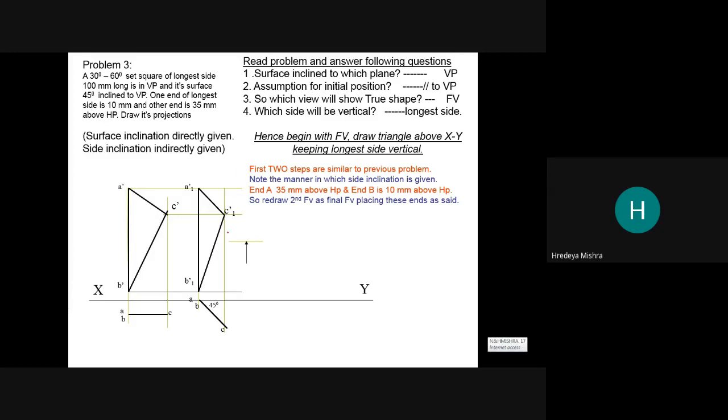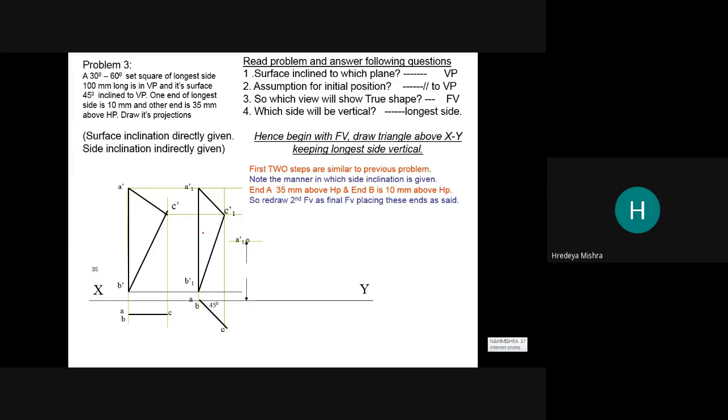Draw a horizontal line, and what is the position? This is A1. How do we get it here? End A is 35 mm above the HP. So from the XY line, that is the 35 distance, and we get the A position here.